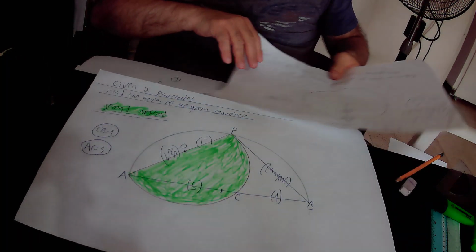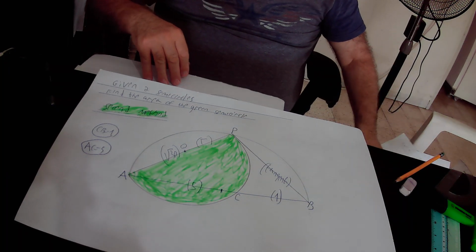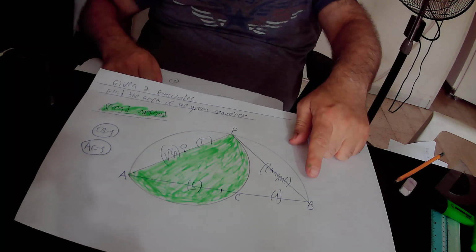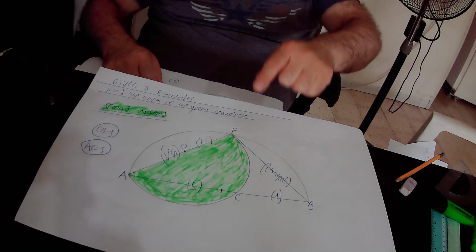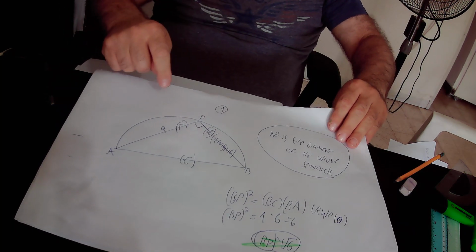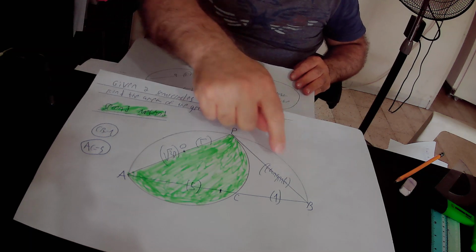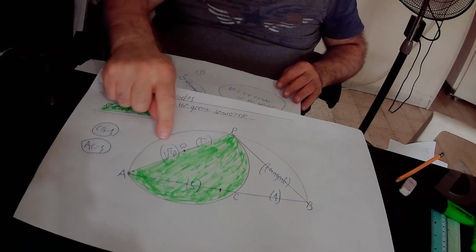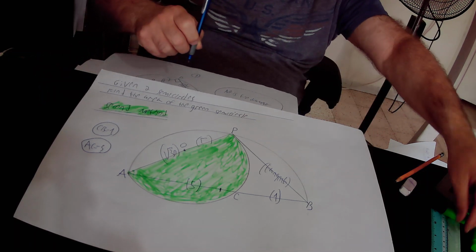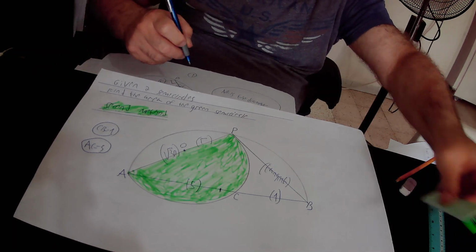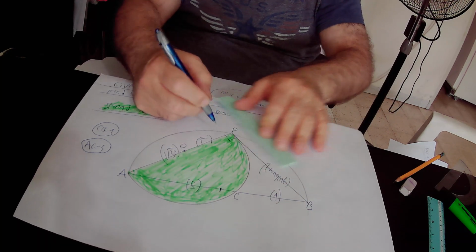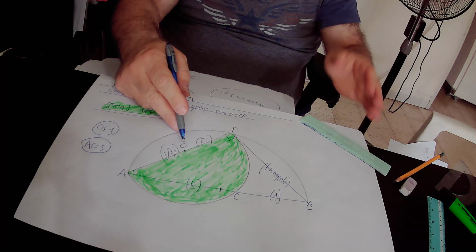Why? Because in our drawing we have here line segment BP, and this line segment BP creates 90 degrees with the radius PO. Again, line segment BP creates 90 degrees with the radius PO of this green semicircle.